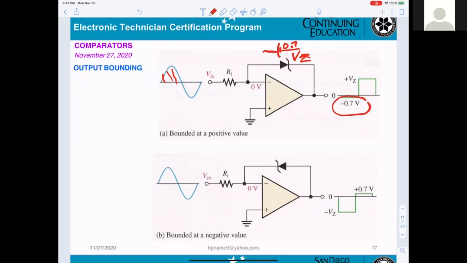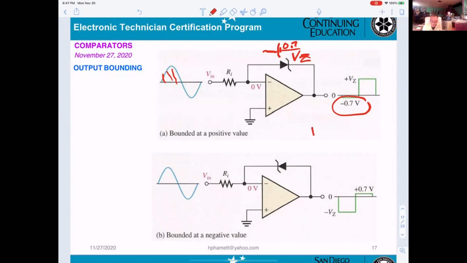Mr. Pham, for the negative 0.7, does it apply whether it's positive or negative? We still have to apply 0.7? All the time I said the diode is on normal, 0.7. However, it depends.